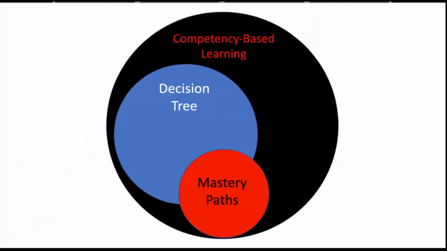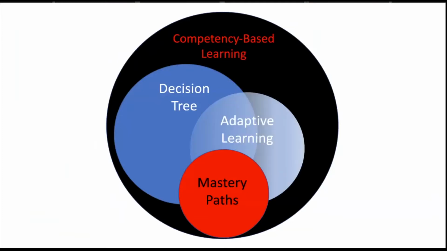There's one more piece of this that's getting a little closer to our target here, and that is adaptive learning. Adaptive learning is an educational method that uses computer algorithms to orchestrate interactions with the learner and deliver customized resources and activities uniquely addressed to each learner's needs.